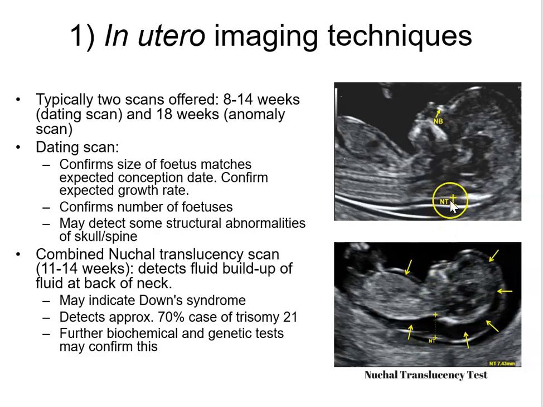So if you see that this region is much larger, then that may indicate Down syndrome, and it will detect about 70% of cases. It's not 100% diagnostic, but if we see this on a scan, then we'll be suspicious of Down syndrome, and then a genetic test for Down syndrome would be subsequently undertaken if the parents wish that to be done. This can also be followed up with biochemical tests, which I'll come on to in a moment, which may further support this.